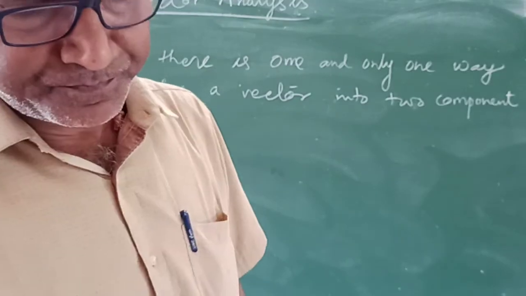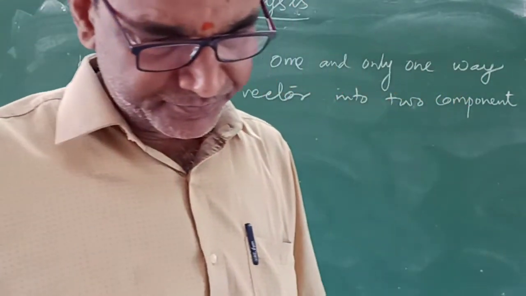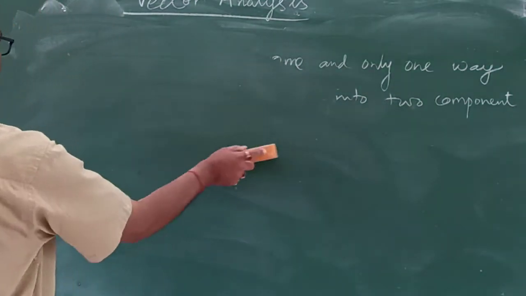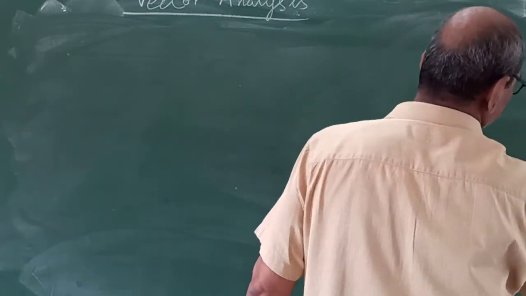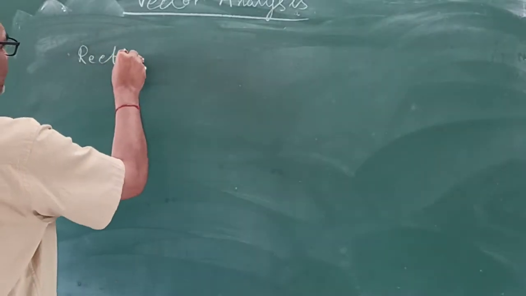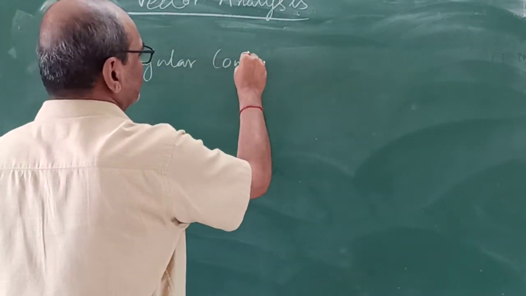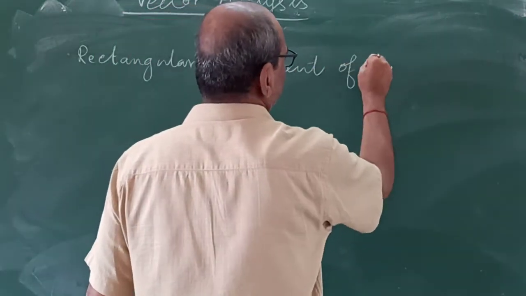Is it clear? Now, second point, rectangular component of vector. The process of splitting a vector into rectangular components is called rectangular resolution, very important, we apply it everywhere. Rectangular component of vector.